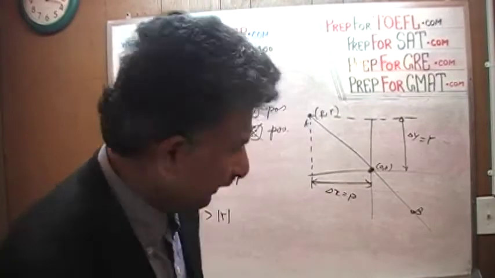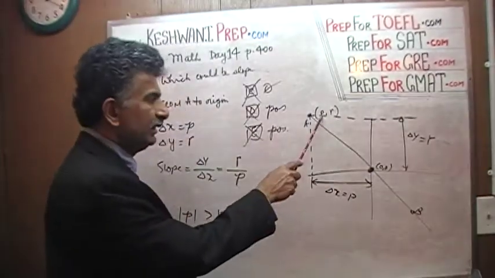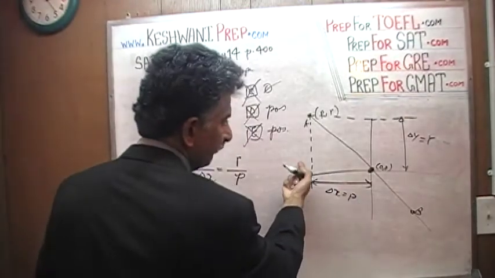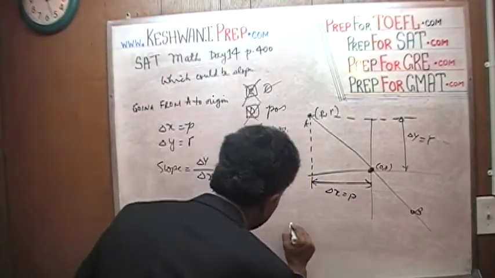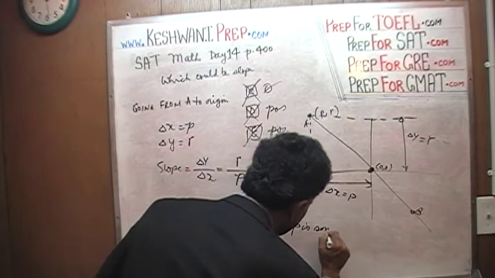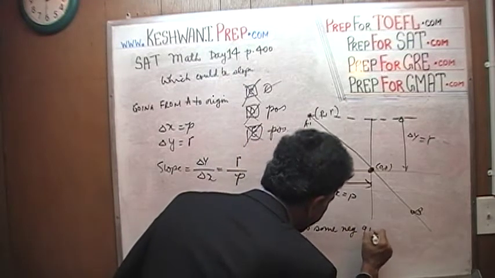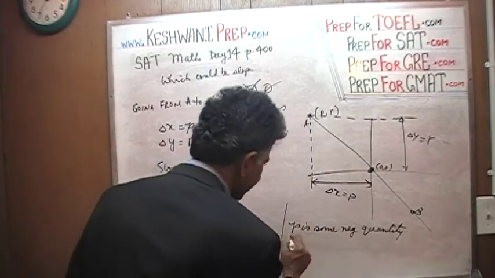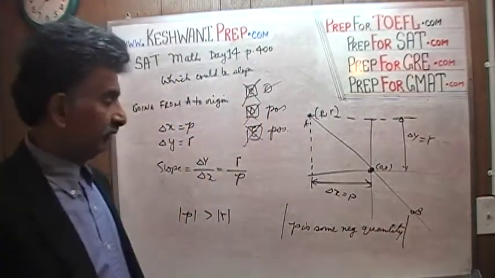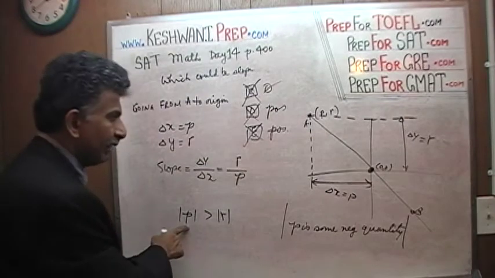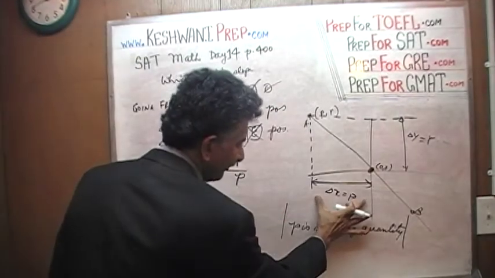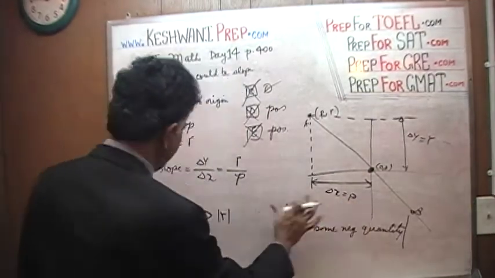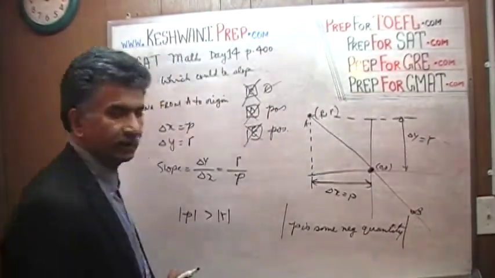Because this value of p is some negative quantity, since we are to the left of the y-axis. But when we take the absolute value of it, of course it becomes positive. And they're telling us that this distance, p, is more than the vertical distance.